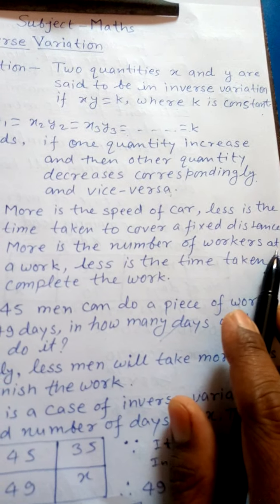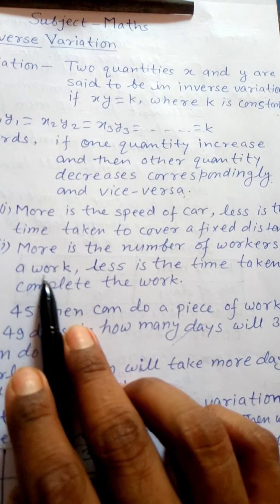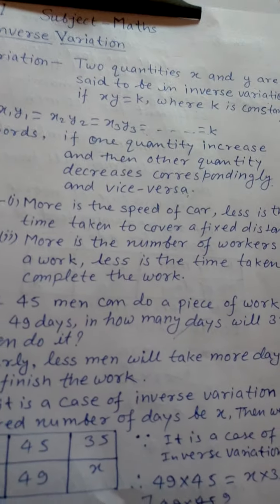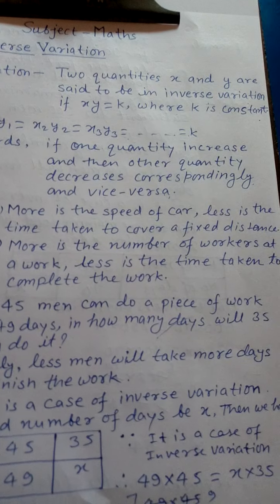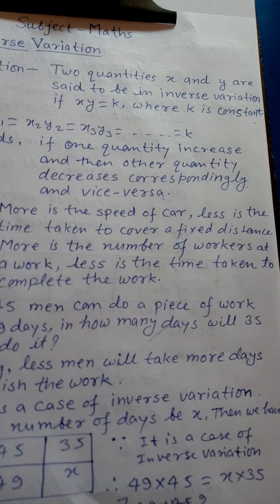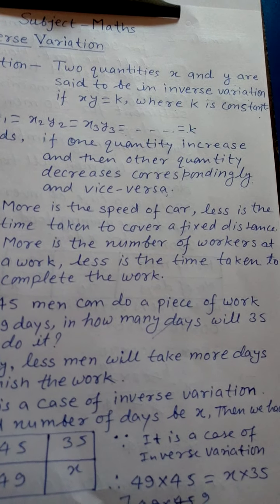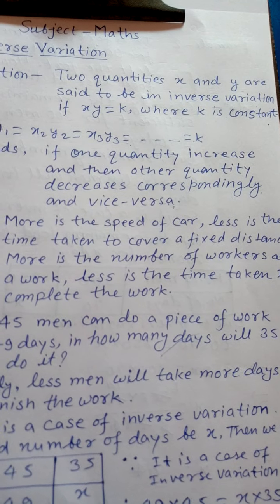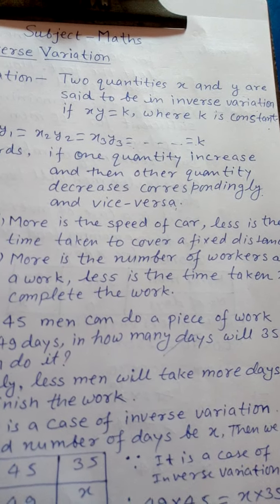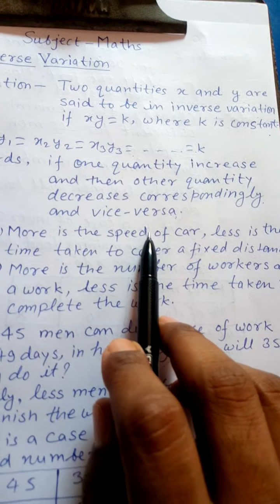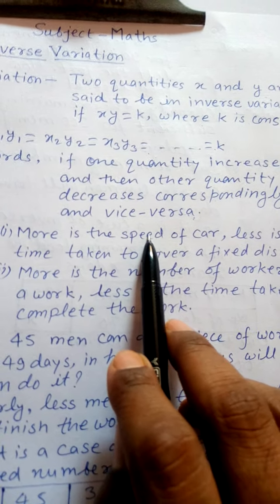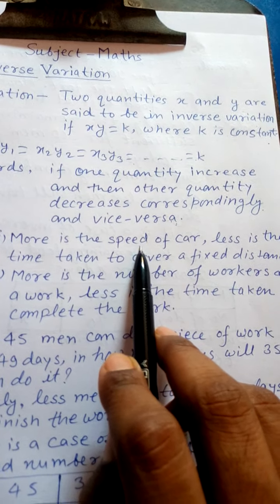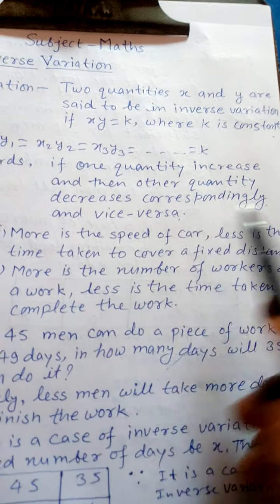More is the number of workers at a work, less is the time taken to complete the work. If there are more workers for a work, it means work is completed in less time. So these are the cases of inverse variation. Here in the first example, the first quantity speed increases, then the second quantity time decreases.